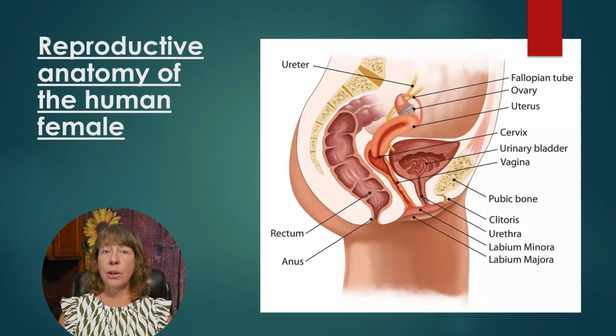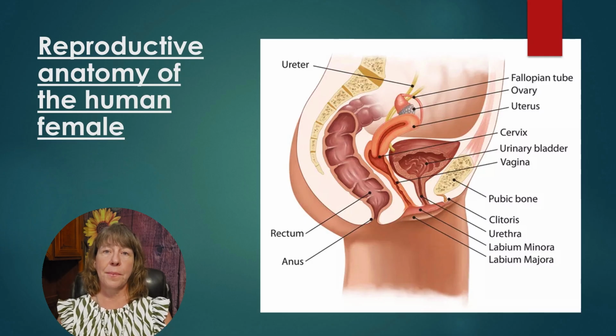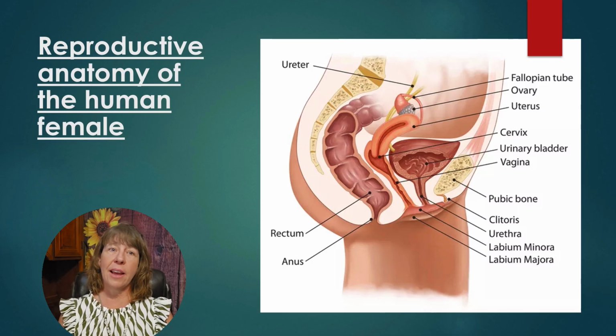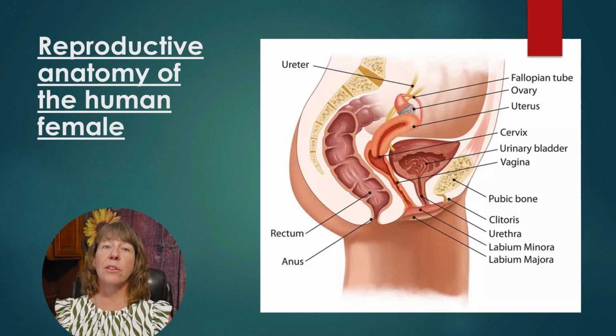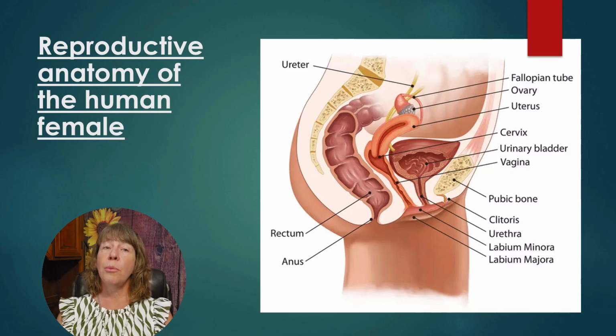The corpus luteum forms after ovulation. This is where the egg breaks off, and then the corpus luteum forms and helps maintain the uterine lining. The corpus luteum is what produces the hormones necessary to maintain that uterine lining.